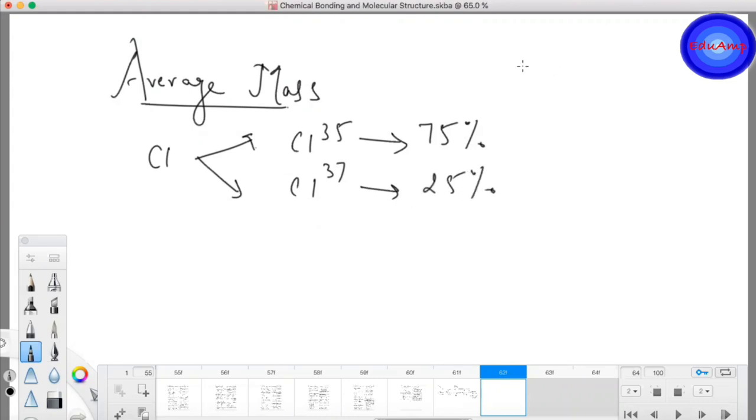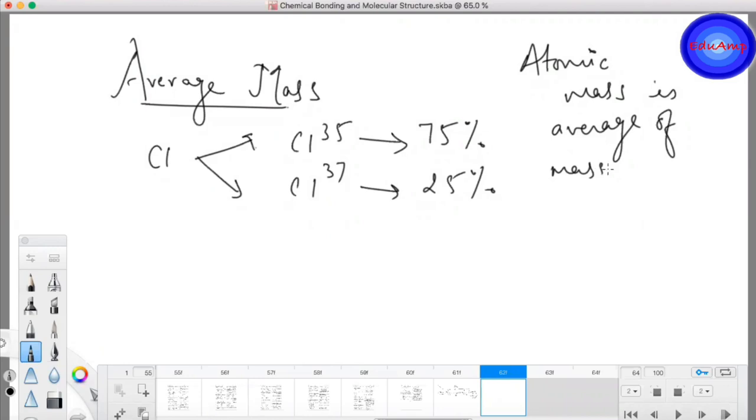Therefore, when we calculate atomic mass, the atomic mass is the average of masses of all the isotopes present in nature.